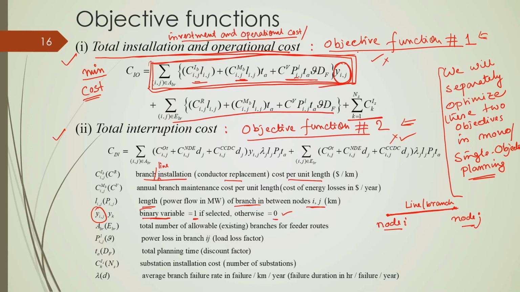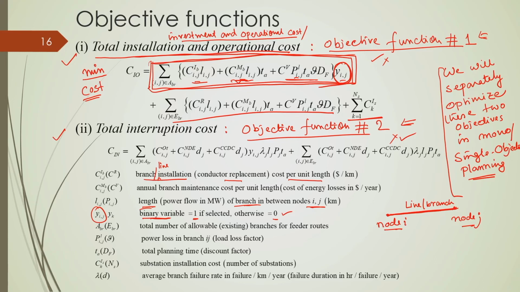Okay. But that will be added to the objective function if we decide to construct this line. Now, if we have an existing line, then we may go for this conductor replacement. This CMB is basically the maintenance cost.